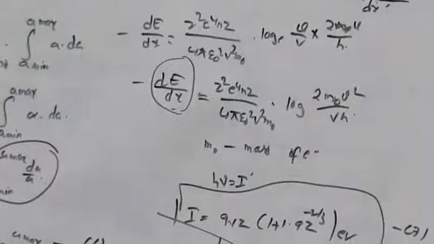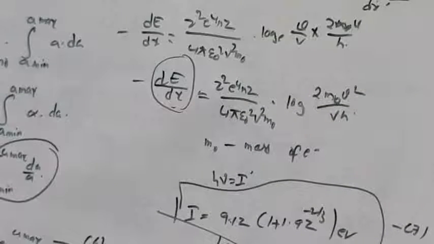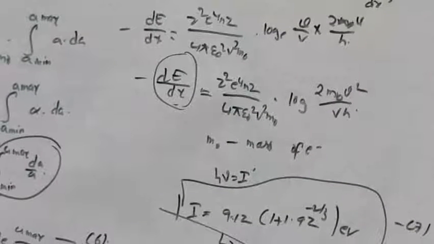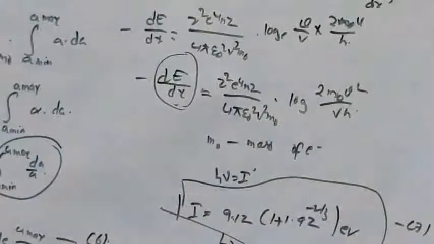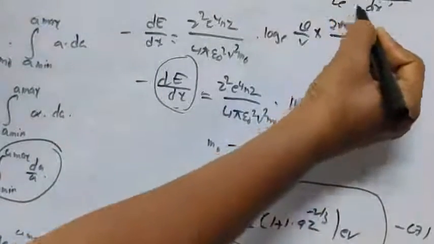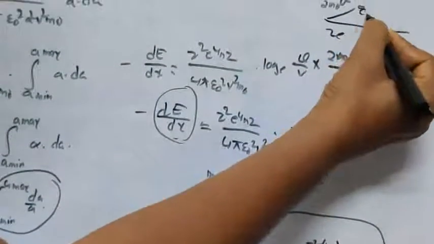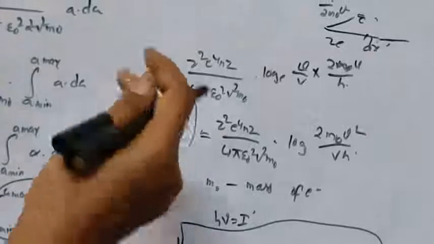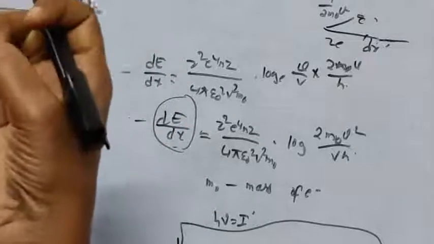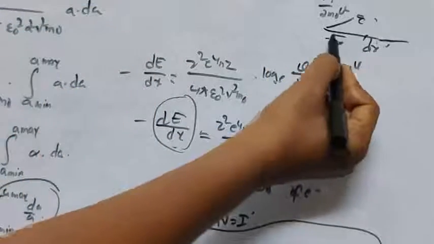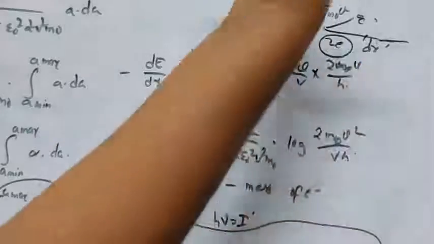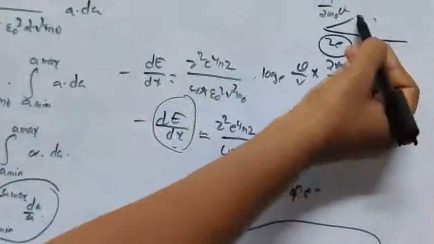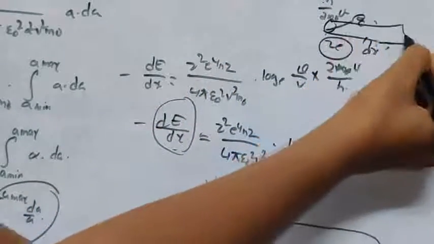Then we considered the transfer of energy from the charged particle Ze to the electrons present in the shell. Our aim is to derive how this charged particle Ze transfers energy to the electrons in the shell.